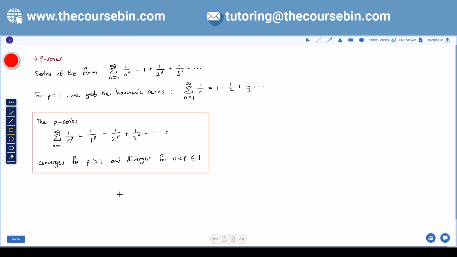So your p series converges when p is greater than 1. It can be any value greater than 1, 1.1, 1.2, 1.3, then it converges. And it diverges for p between 0 and 1.